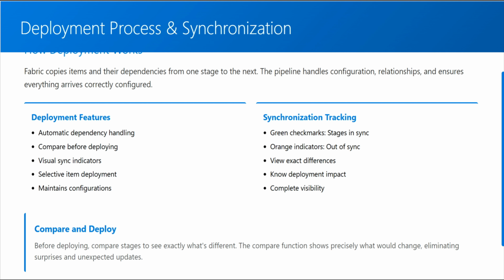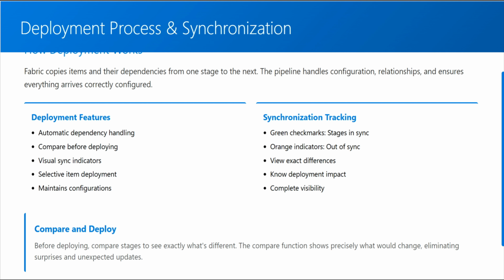So the pipeline constantly tracks synchronization between the stages, and when all stages are in sync, you will see green check marks between them. This means development, test, and production all have the same version of everything.